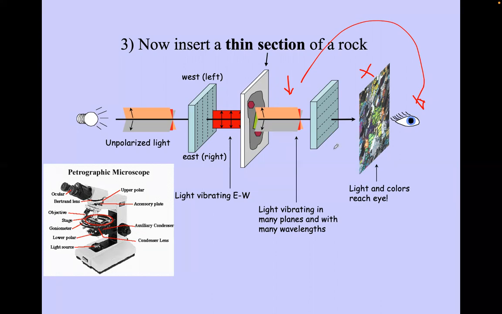So the minerals which can reorient the light are called anisotropic minerals, as we clearly mentioned in the previous slide, because when you rotate the stage, they can change the color. But those minerals which cannot reorient the light will remain dark even while rotating the stage. Such minerals are isotropic minerals.